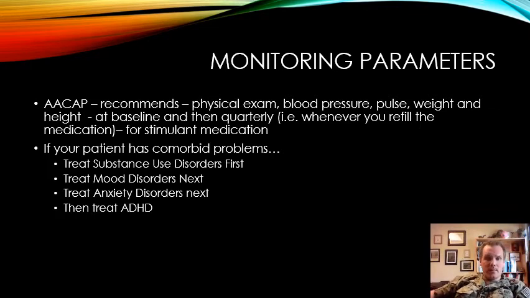I will oftentimes, if both things appear to be present, say something like unspecified anxiety disorder as a primary diagnosis, and I will treat that, and I will have rule out ADHD beneath that as a secondary diagnosis. Once the anxiety disorder is treated to remission, then I will say, okay, there's still a presence of attentional impairment, substantiating the diagnosis. Then I'll formalize the diagnosis of ADHD and proceed accordingly.